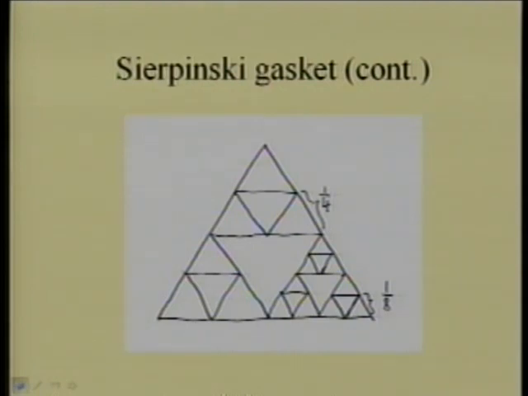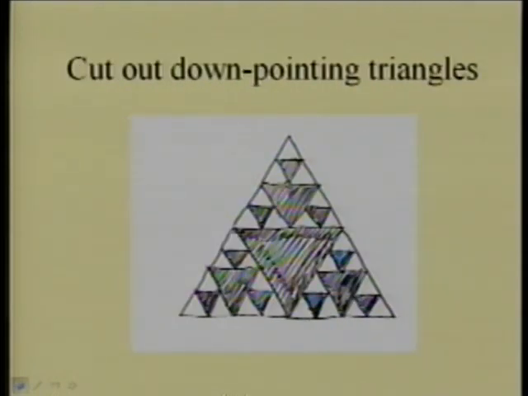Why do I call it a gasket? Well, this is the reason. When I have finished my drawing subdivision, then I go in and punch holes and cut out the down-pointing triangles, shown as black. So when I cut these out, I have something that's perforated, a 2-dimensional figure, made out of, say, a metal sheet that's punched with holes, and it's perforated, so it's a gasket.